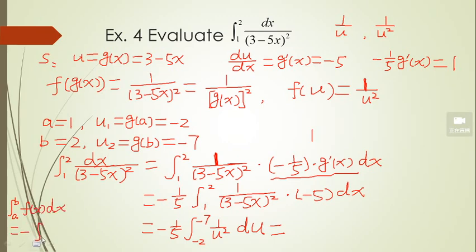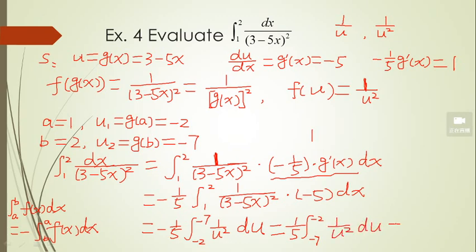So if you switch the lower and upper limit, that introduces an extra minus. So here, if you switch those minus 7 to minus 2, then you have the minus before, okay? You have an extra minus, and then this minus with this minus cancel out. You have minus, you get the plus. So you only have 1 over 5 times the integral of 1 over u squared du.